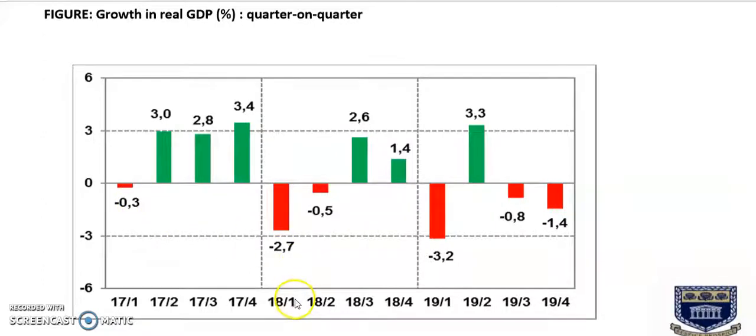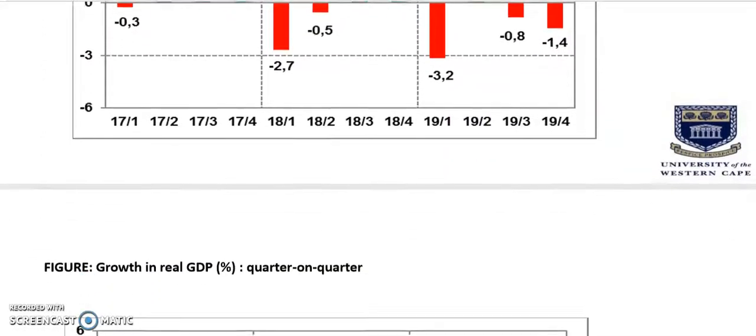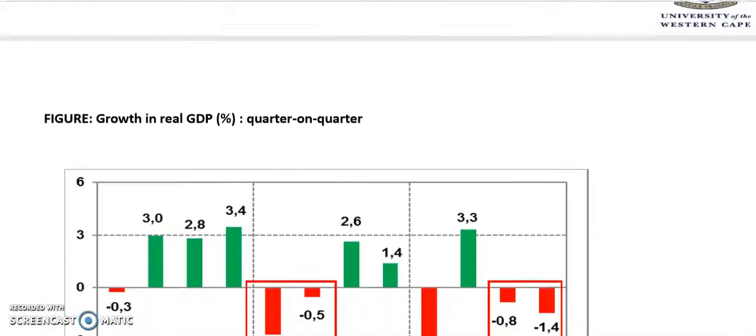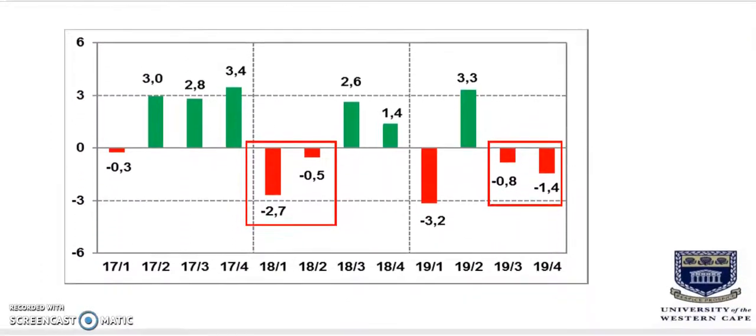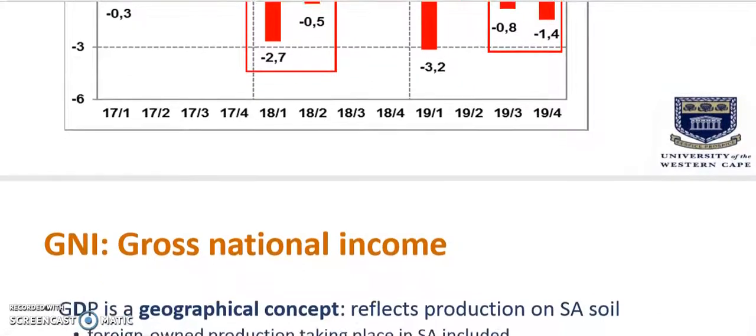And then in 2018, in both the first and the second quarter, the growth in real GDP was negative, and in the last two quarters, it was positive. However, in 2019, it was only positive for the second quarter. So this following slide still shows the growth in real GDP on a quarterly basis.